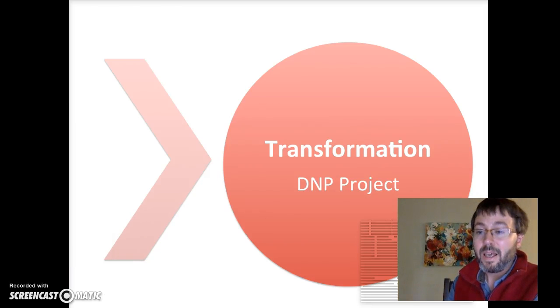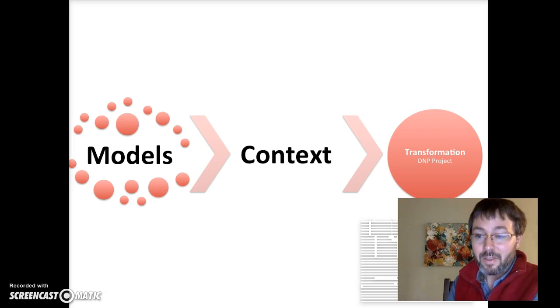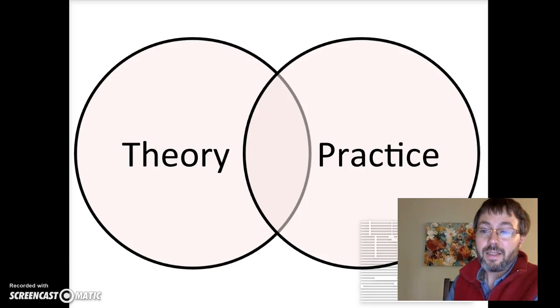And finally, as you apply that roadmap in practice, that will equip you to transform that practice through your DNP project. So this is what the trajectory looks like, having that model roadmap to guide your work in the context in order to create transformation.